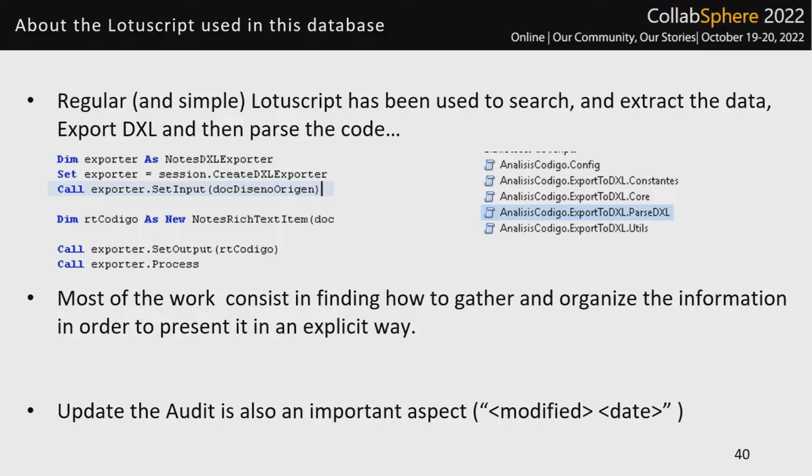Most of the work consists in finding how to gather and organize the information in order to present it in an explicit way for the IT management and the IT department. We also extract some specific data from the design element, like the last modified date, which is usually mixed with the last modified document on the database properties.